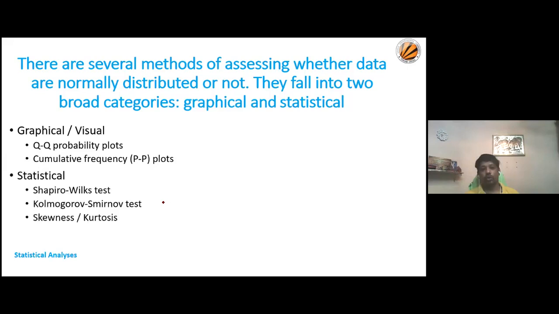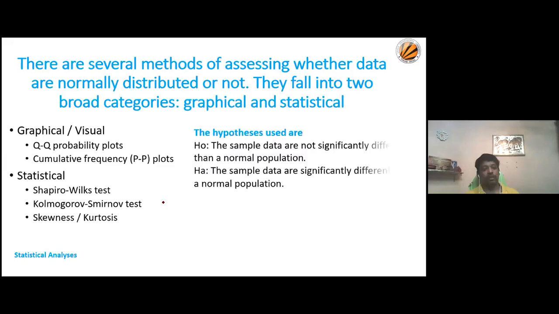This is also called probability plots, right? The statistical shows skewness and kurtosis, and whether the sample data are from a normal population, right?